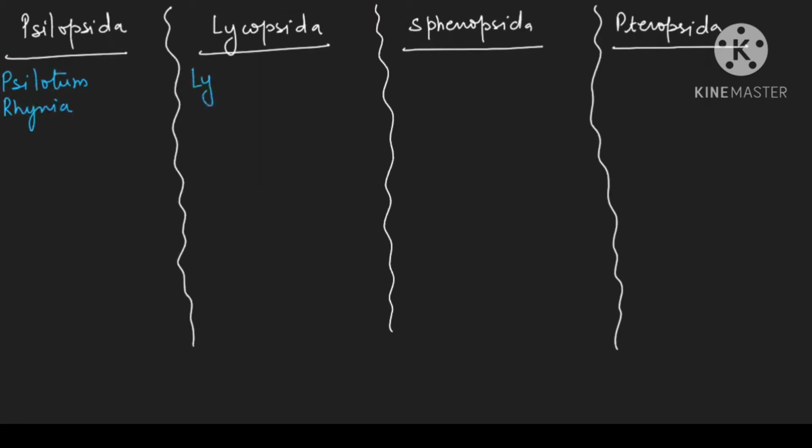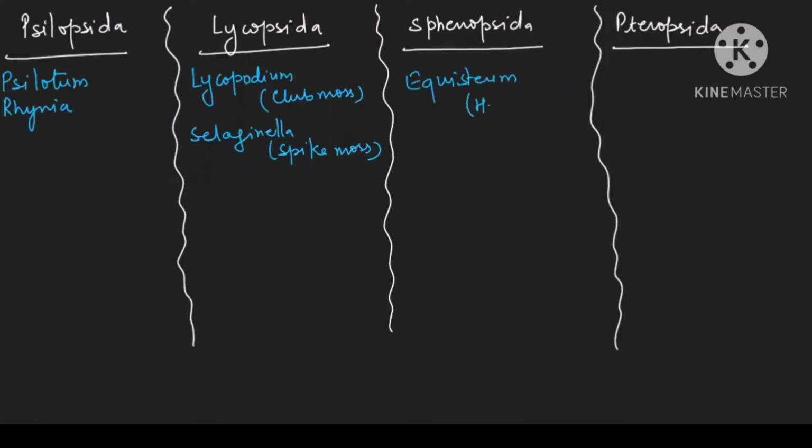Here again only two examples, Lycopodium, which is also known as club moss, and Selaginella, which is known as spike moss. Here only one example you have to remember, that is Equisetum, which is also known as horsetail.